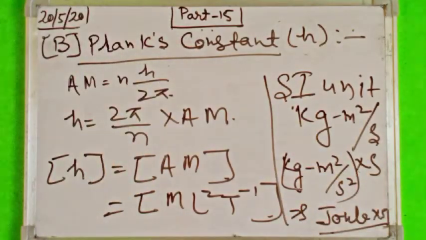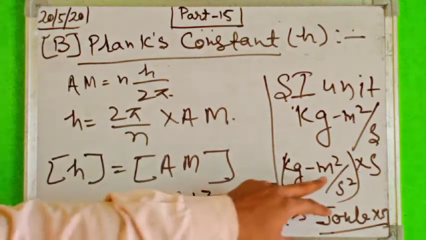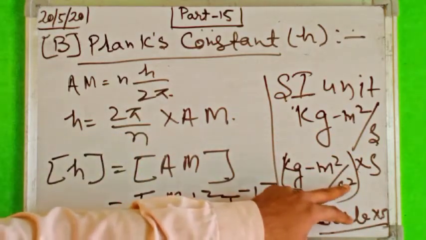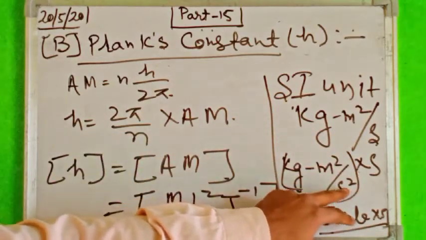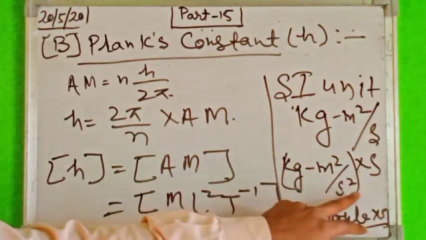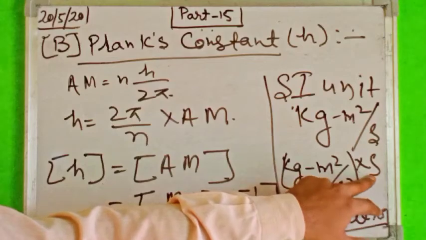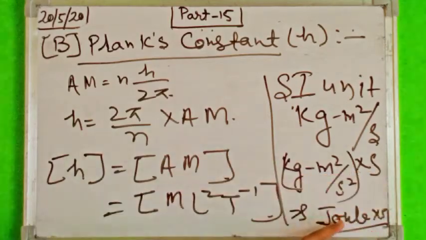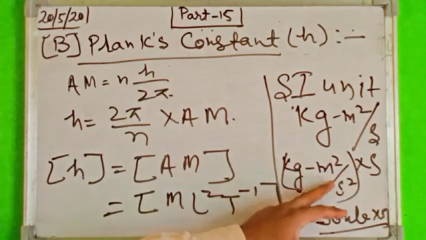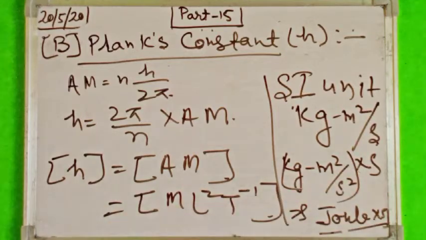We divided by one second in the denominator, so we multiply one second in the numerator, which gives kg meter square per second square, that is joule, into second.